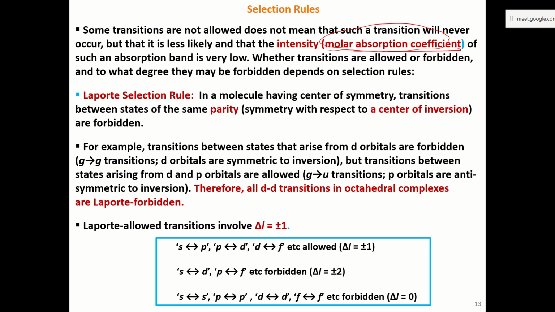So when you look at these Laporte selection rules, it turns out that all d-d transitions in octahedral complexes are symmetry forbidden. And S to P, P to D, D to F are Laporte allowed transitions because delta L is plus minus 1.